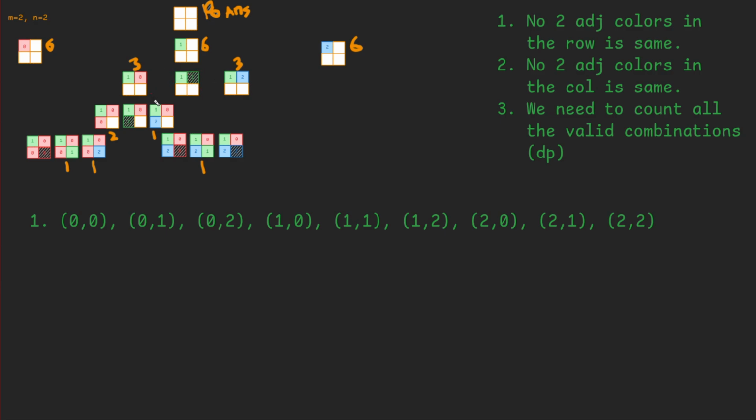We have discarded it. So we will be discarding 1 1 from here. Likewise, 0 0 would be discarded somewhere here, and 2 2 will be discarded somewhere here, because these are not valid rows.